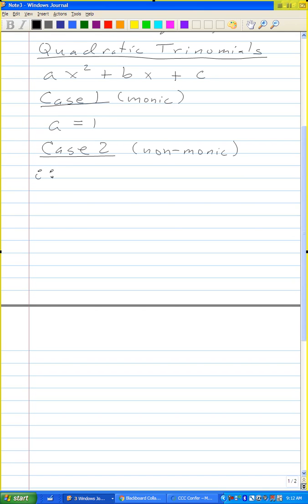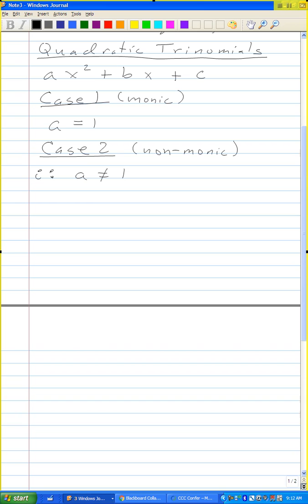The first case will be when the coefficient in front of x squared, the quadratic term, is not 1, and so it's not a monic polynomial. But it turns out that we can actually factor out a greatest common factor.